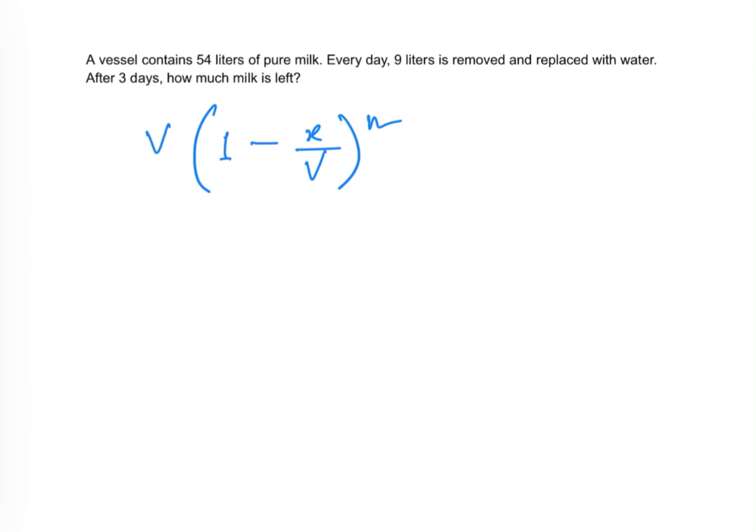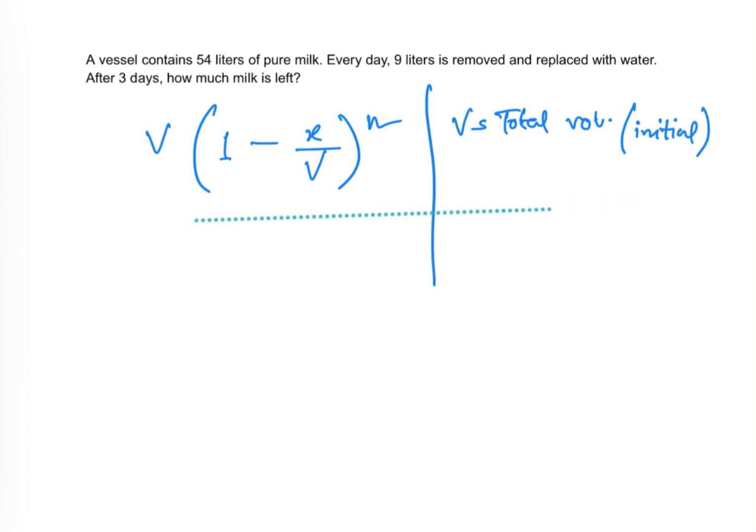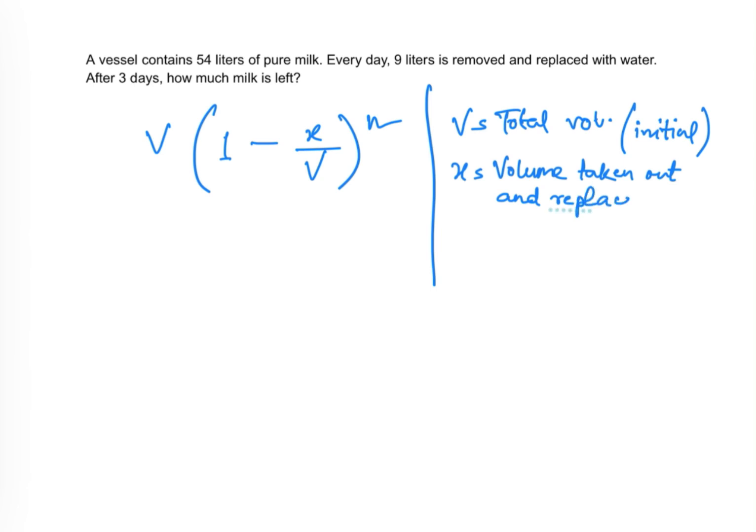Okay, so V is the total volume, this is also the initial volume. x is the volume taken out and replaced, and n is the number of transactions.